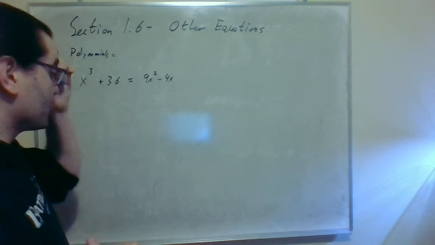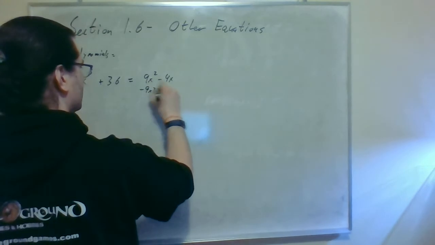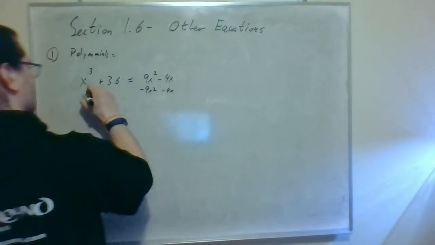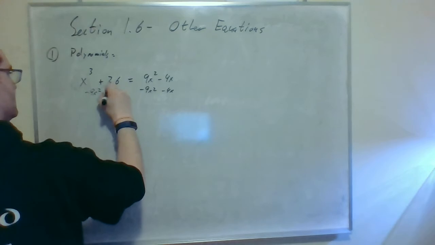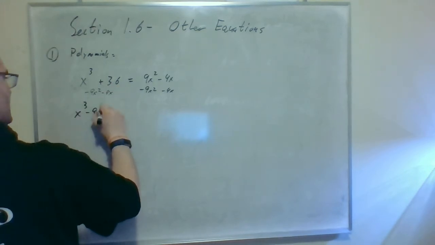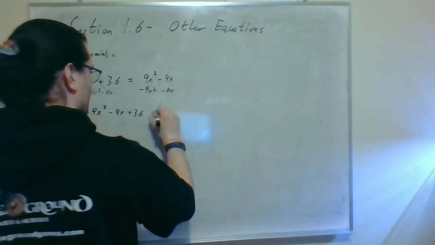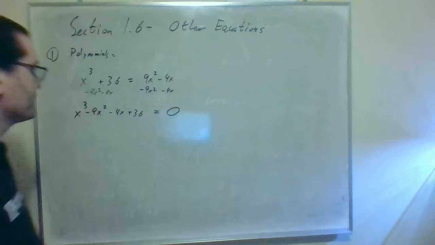So that's exactly what we're going to do here. We're going to move these guys to this side of the equation so that we have x cubed minus 9x squared minus 4x plus 36, and that all equals 0.